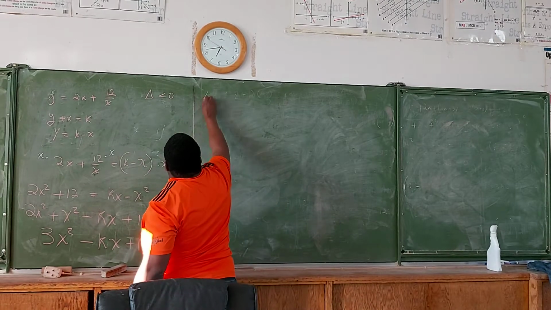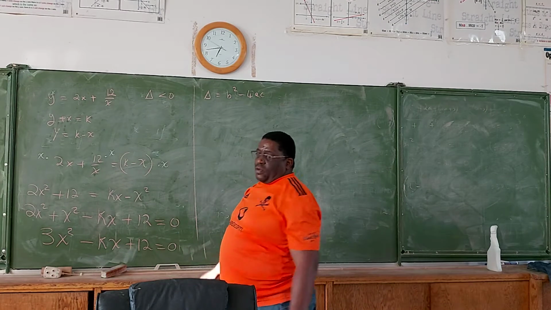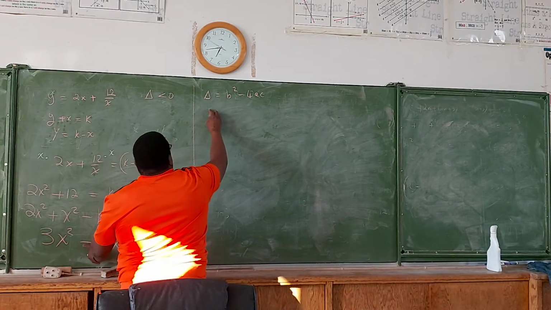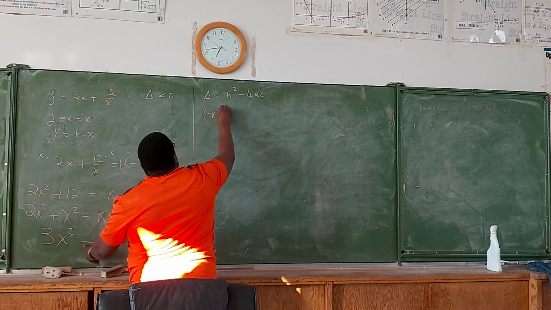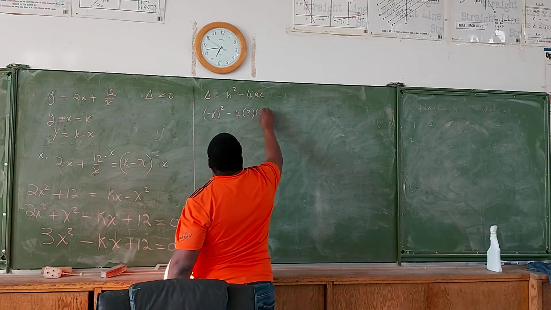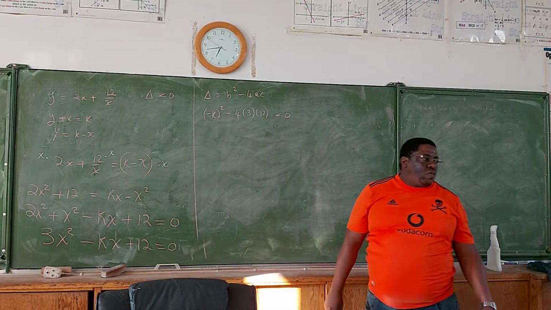Now we know that if delta is less than 0, let's put in our delta. Remember, delta equals b squared minus 4ac, coming from the quadratic equation. Our value of b happens to be minus k, which will just be positive when squared. Our value of a happens to be 3. Our value of c happens to be 12. We know that this value should be less than 0.